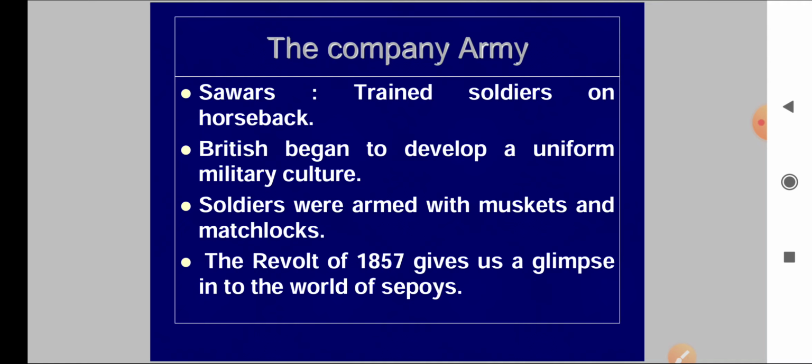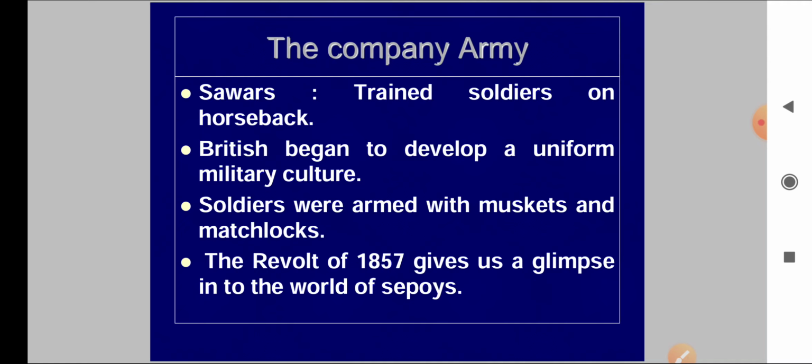Musket refers to the heavy gun which was used by the infantry soldier, and the matchlock was an early type of gun in which the powder was ignited by a match. So these were used by the company soldiers.